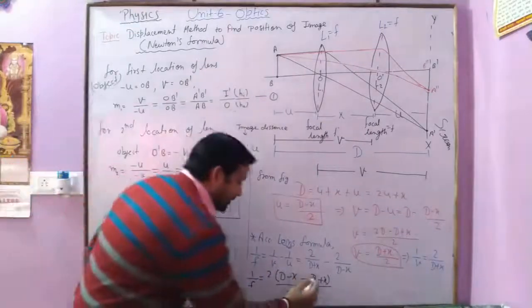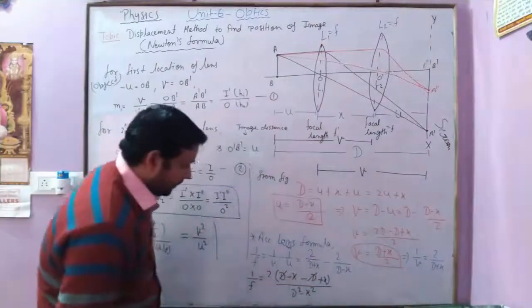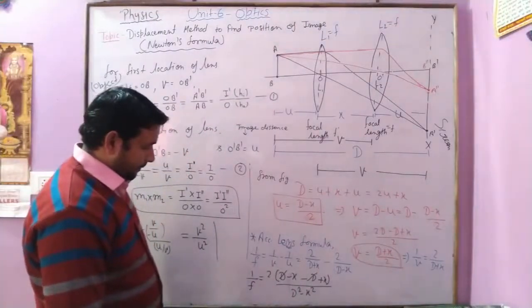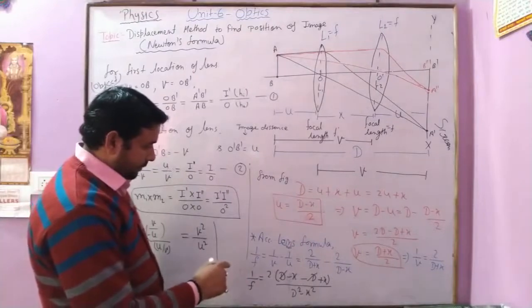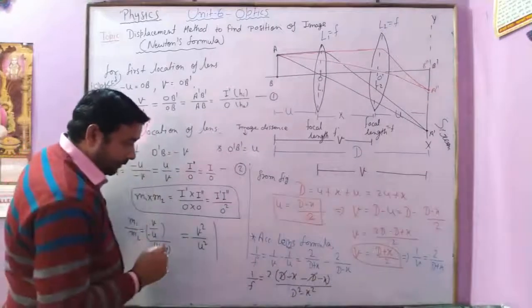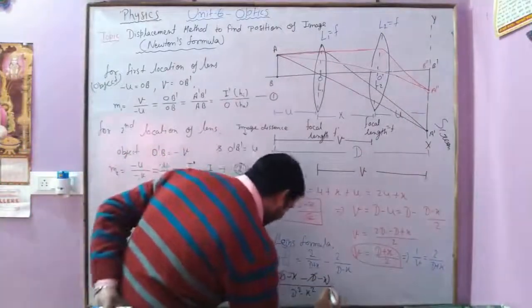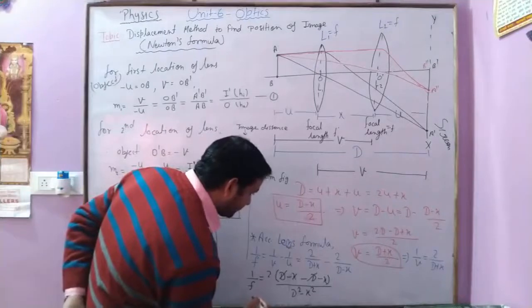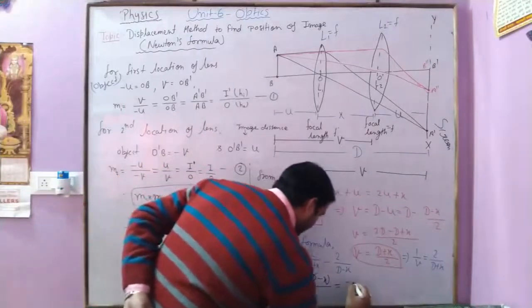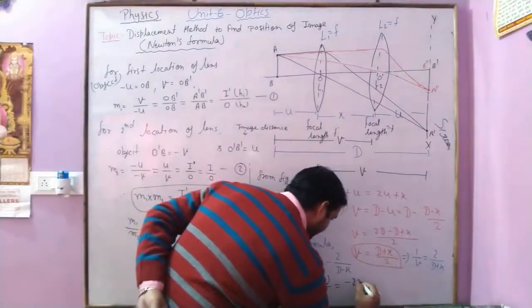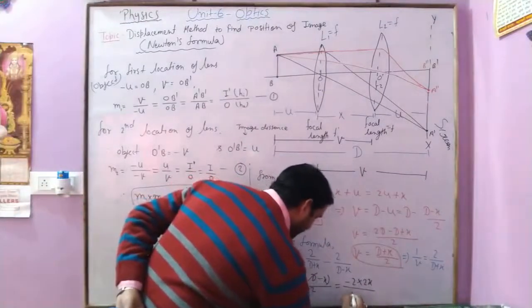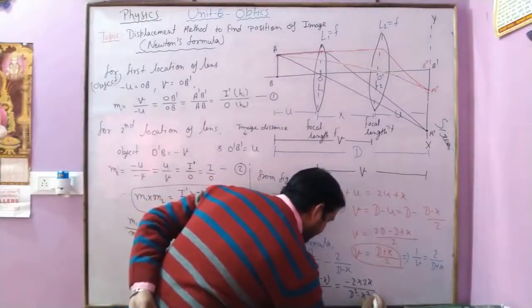Now here the d cancels. So the final result we get from here is 2 into minus 2x upon d square minus x square.